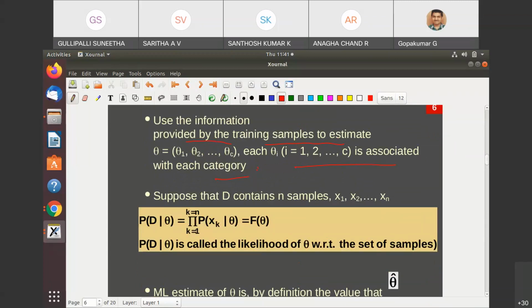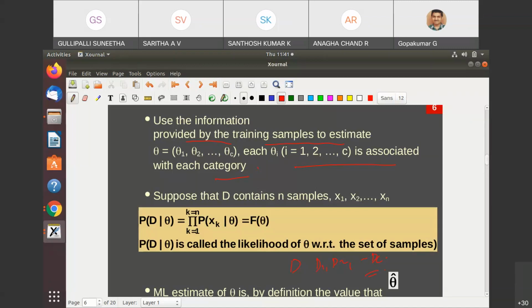Now we have made an assumption that we have D equal to D1, D2, etc. up to Dc, and we have made an independence assumption also, the IID assumption.